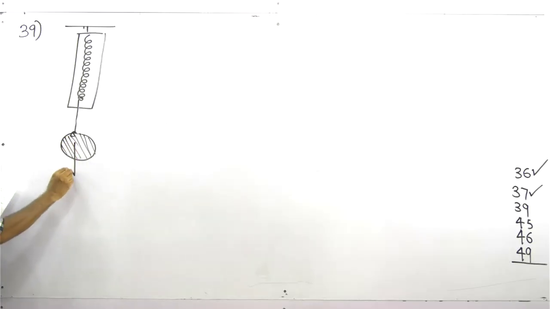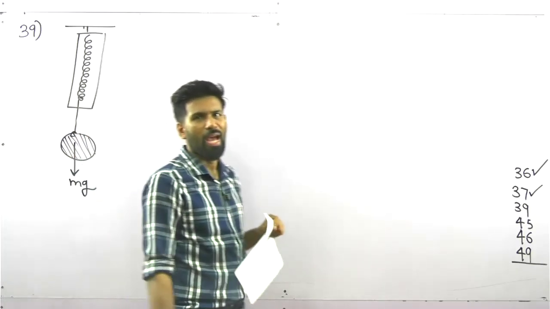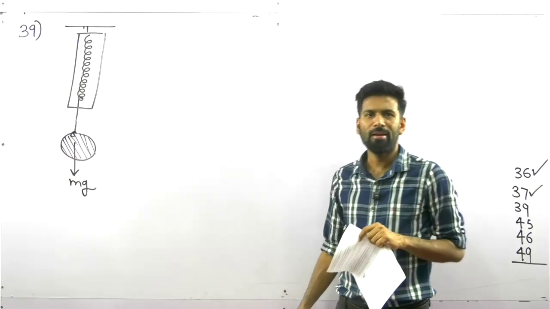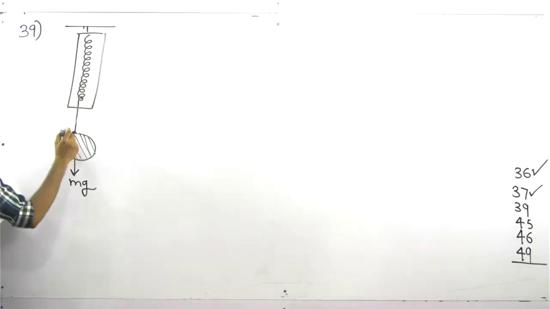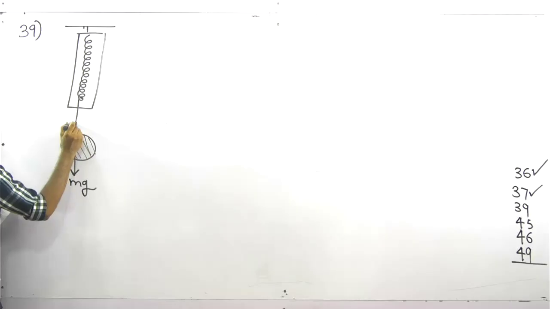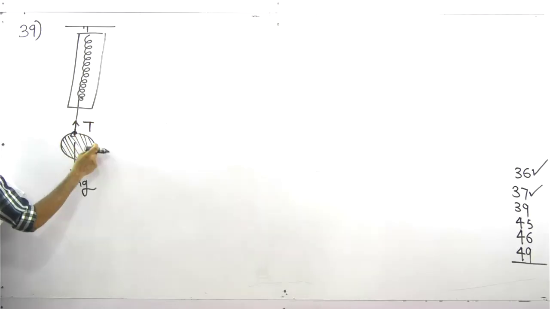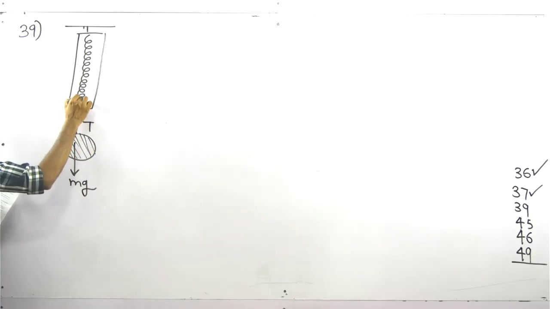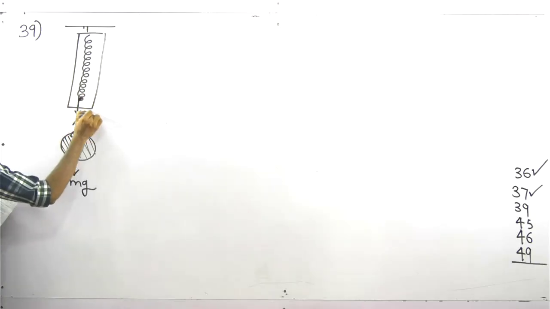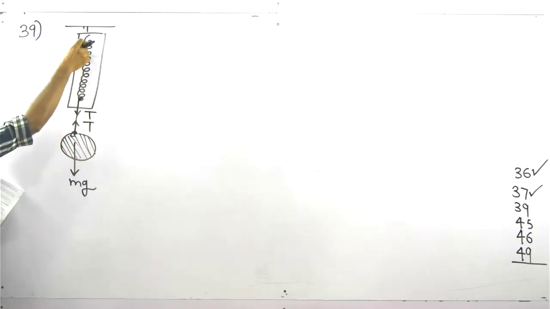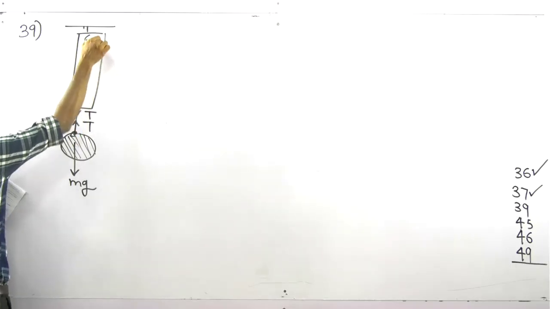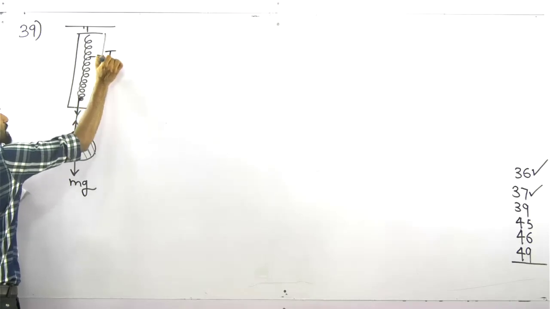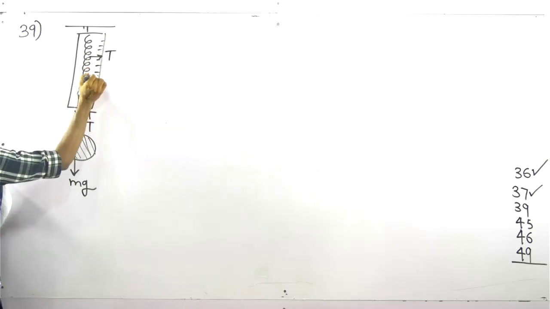The object has its weight mg, and in the spring balance, this cable-like thing attracts the connected point towards itself with tension T, and from the other side, it will attract the spring downwards, T. When the spring is attracted downward, the pointer will come down and read the T value.